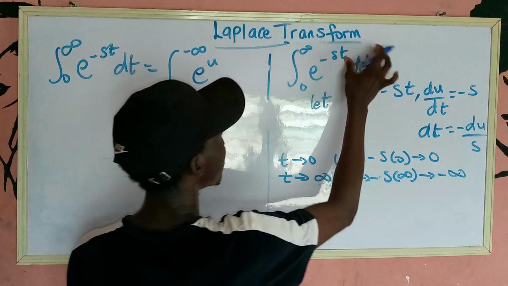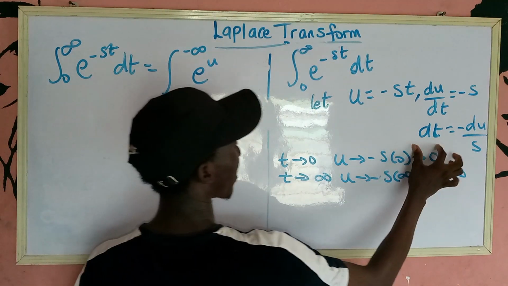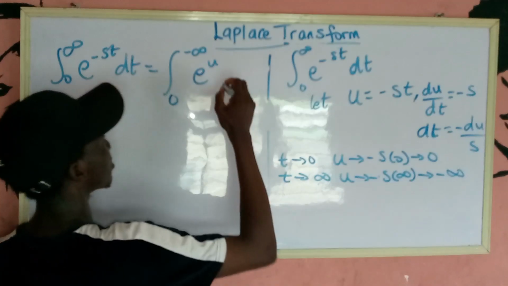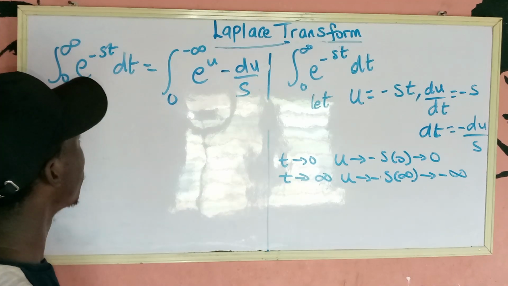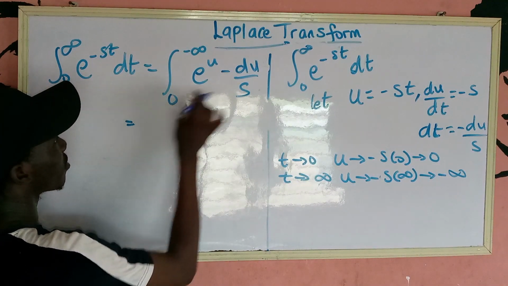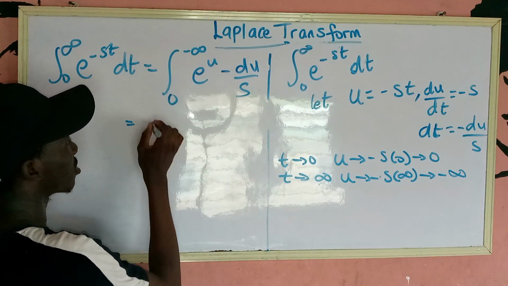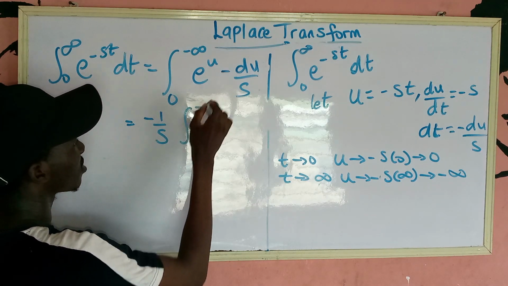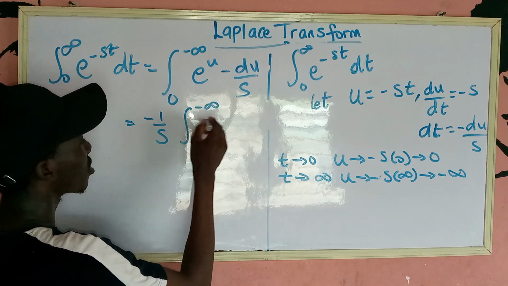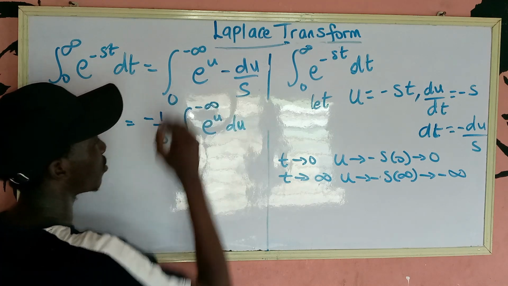And this dt also changes. My dt here is equal to minus du over s. This is also a constant, so minus 1 over s comes outside. Then you have the integral from minus infinity to 0 of e raised to power u du.